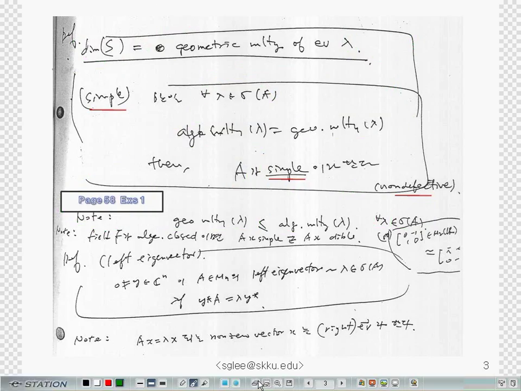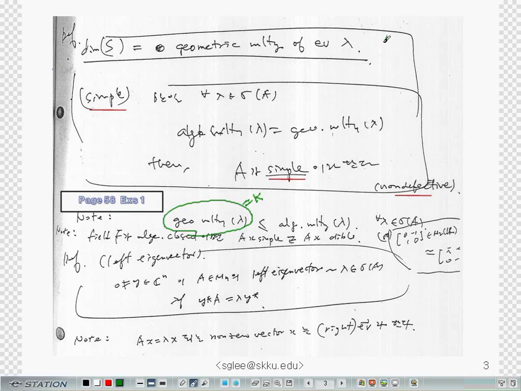It is because, suppose the geometric multiplicity of lambda is equal to k. Then that means we have k linearly independent eigenvectors of A corresponding to the eigenvalue lambda.